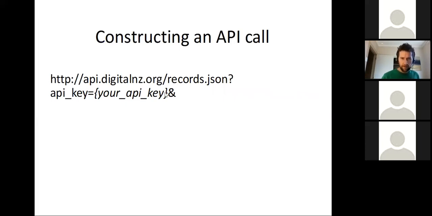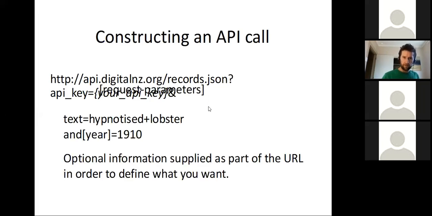Then we've got this ampersand here, which ends up being the separator. I said after the endpoint, the question mark breaks the pattern into key value pairs separated by ampersands. So you can then add request parameters, as many as you like, separated by ampersands.